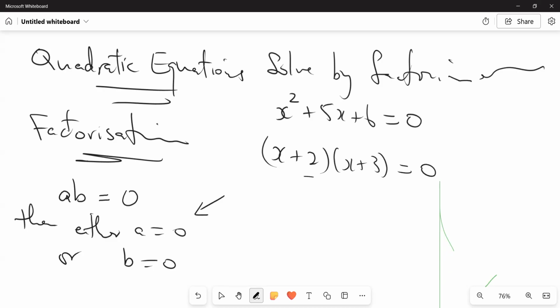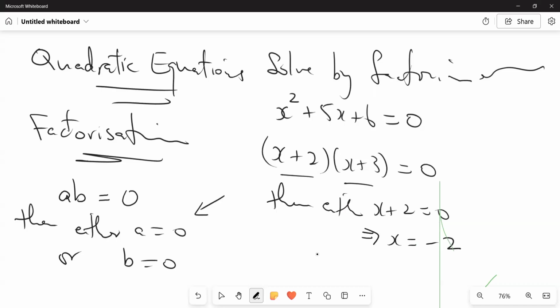See? So this is like A, that's like B. AB equals 0. Two things multiply to give you 0. Then either one or the other, or both of them, are 0. So we'll apply that here. If x plus 2 multiplied by x plus 3 is equal to 0, then either x plus 2 equals 0, and if that is so, x is equal to minus 2.